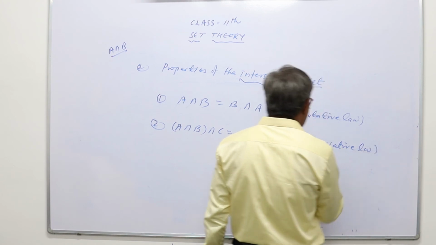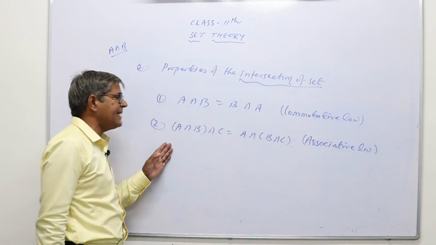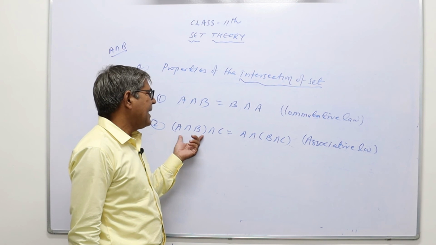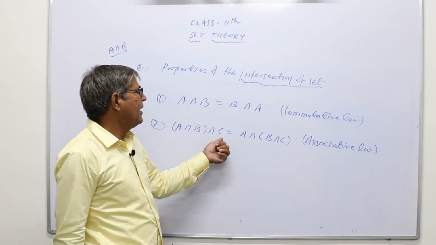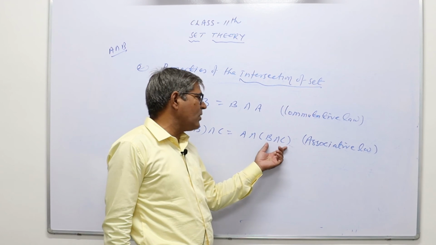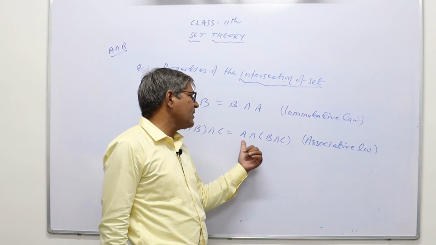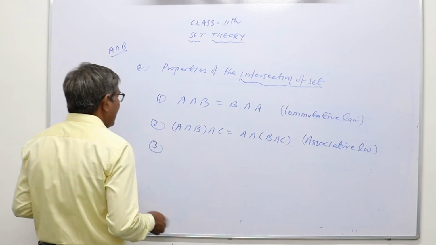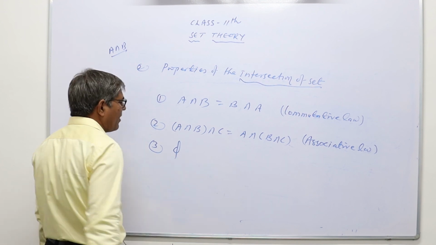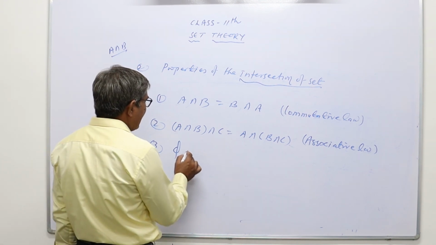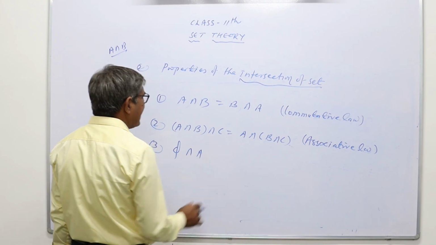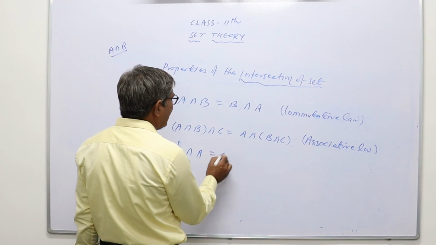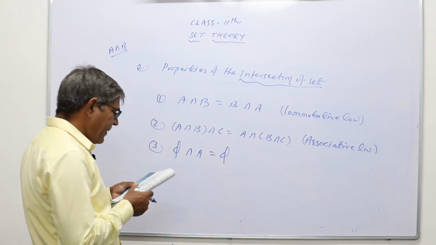And what is the meaning of this property? If we have three given sets and we find the intersection of the first two sets and then the intersection with the third set, then it will be equal to the intersection of the last two with the first set, that is set A. Next property, if we find the intersection of phi and the given set A, then it will always be equal to phi.